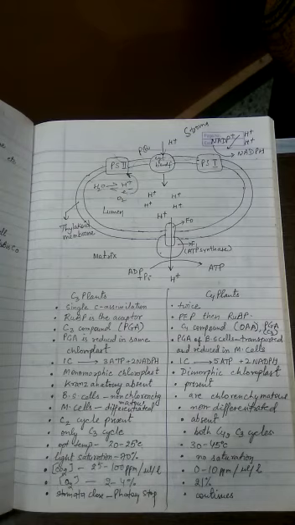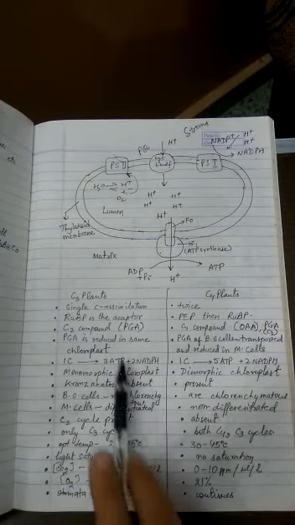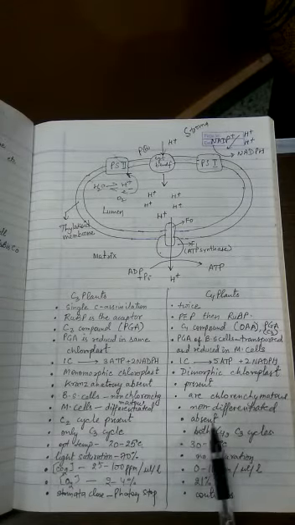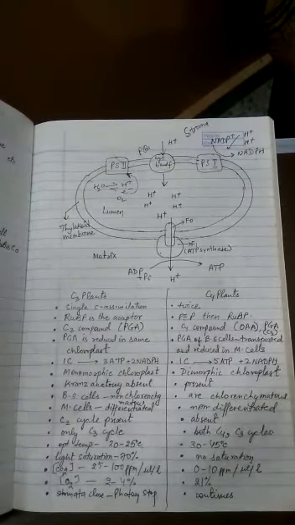Differentiation is palisade parenchyma, or palisade chlorenchyma, and spongy chlorenchyma. Palisade is towards the upper surface, upper epidermis, and spongy towards the lower epidermis. Palisade will have tightly packed columnar cells, and the spongy cells will be oval or overall spherical cells with lots of space in between. And why is space there? Because they are in contact with the stomata. So mesophyll cells are differentiated in C3 plants, but mesophyll cells are not differentiated in the case of the C4 plants.